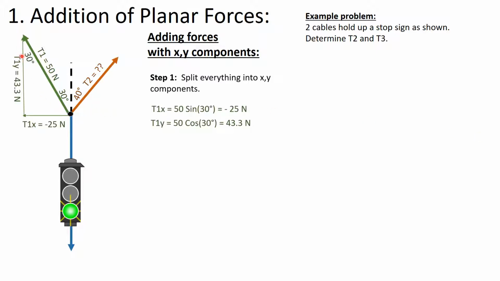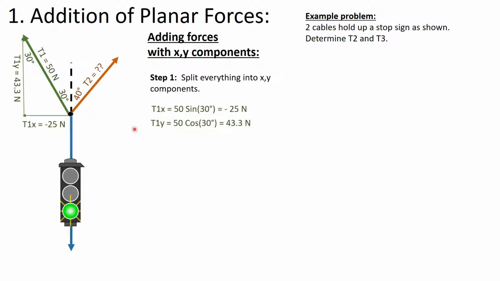And I really suggest that you draw everything on your picture. So don't try and do this just by equations. Draw it on the picture, otherwise it's going to be really easy to make sign errors. So in this case, we have a negative sign on the x component, and you can only figure out that negative sign by drawing this vector and looking to see which direction it's actually going.